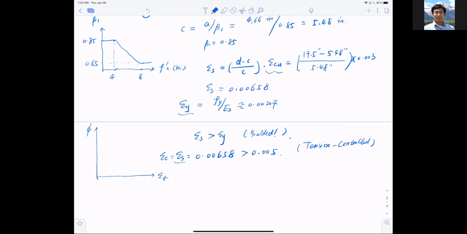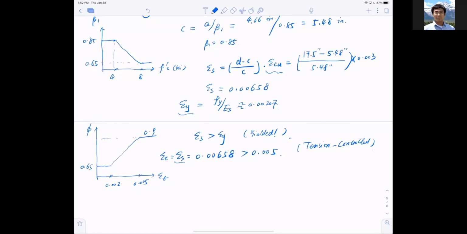And now, immediately, I know this mark is 0.02, and this is 0.005. For 0.002, I know phi equal to, oh sorry, reversely: phi equal to 0.65. For 0.005 or above, phi equal to 0.9, and in between, linear interpolation.